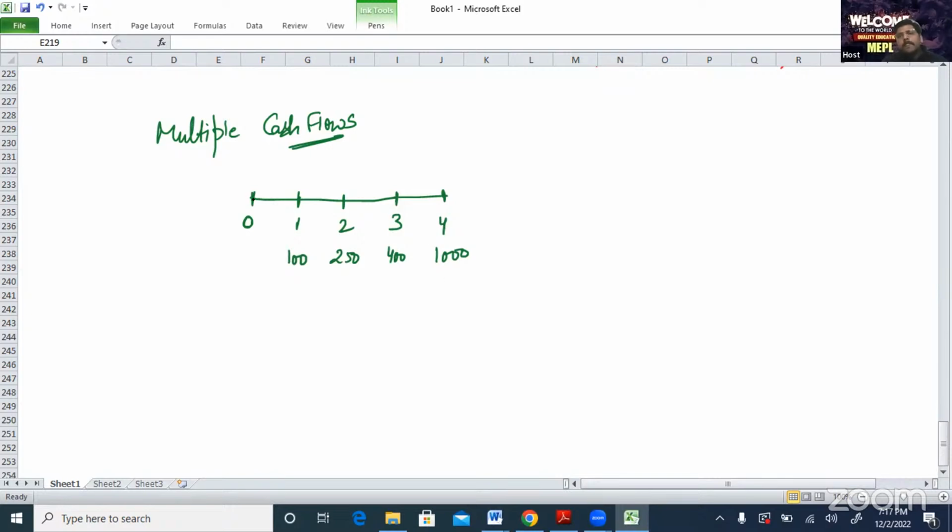So tell me, what is the present value of this cash flow stream? So it means I should discount it for 1 year, for 2 years, for 3 years, and for 4 years. I can do it.